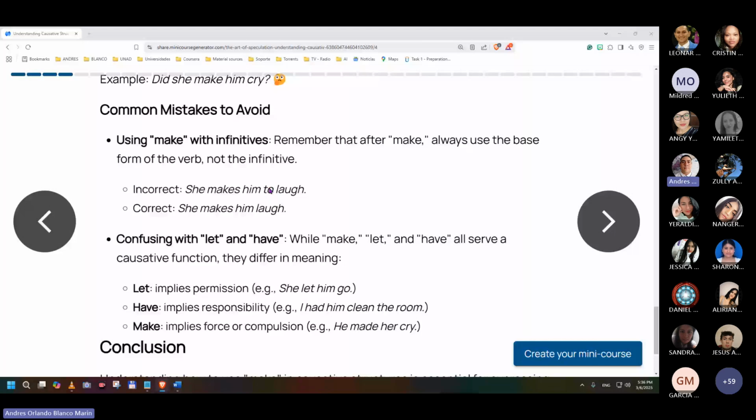The particle to is only used with the verb get. To use it here with make is incorrect. Make doesn't need this particle. It's not part of the structure. She makes him to laugh is a mistake. She makes him laugh.